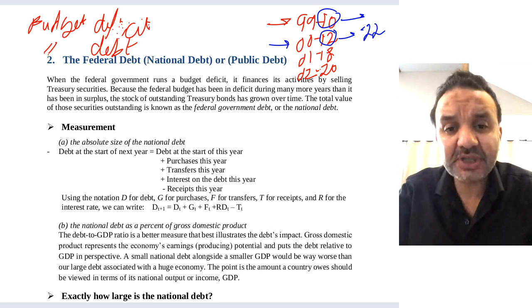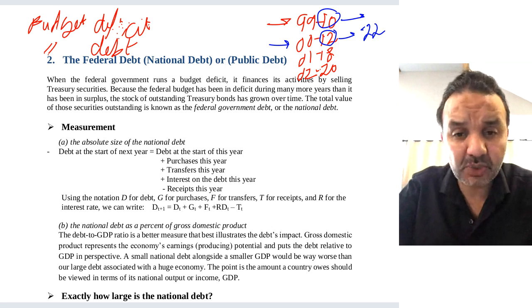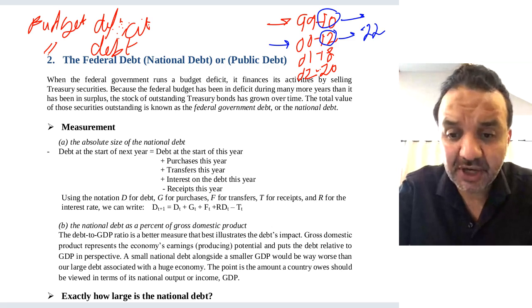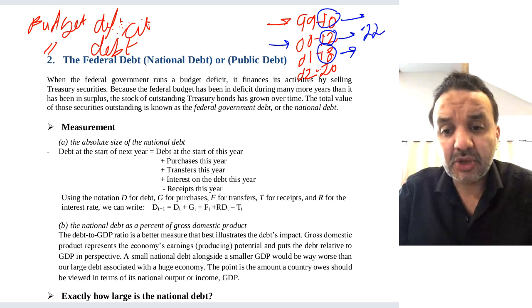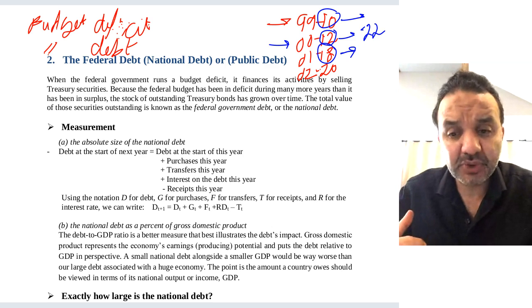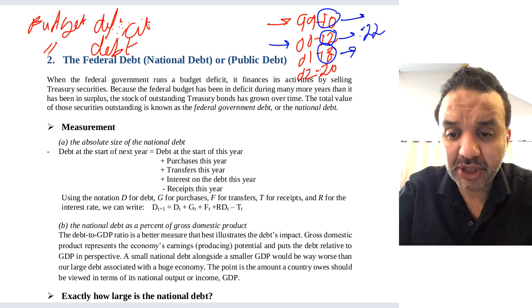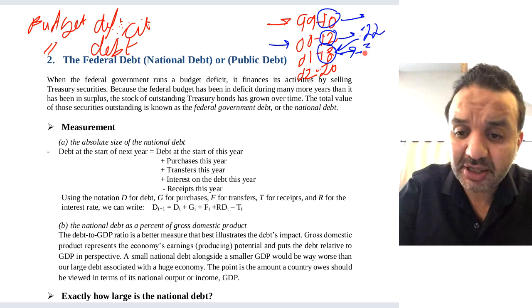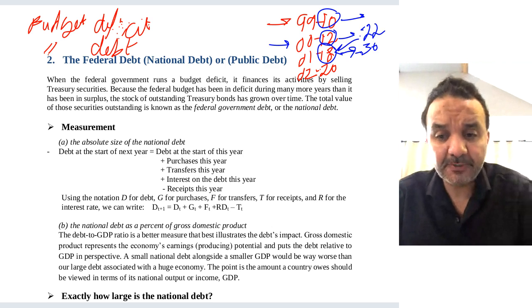Okay, let's go to the next year, which is 2001. In 2001, the government ran into another deficit of 18 million. We already have debt from the previous 2 years of 22, so we should add 22 and 18. So now the national debt equals 30 million.